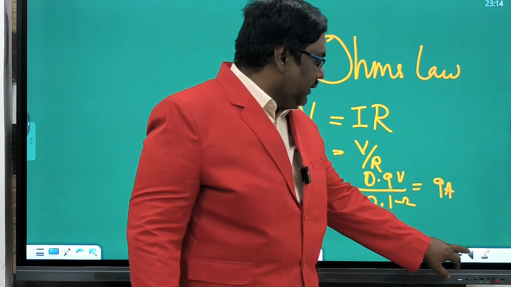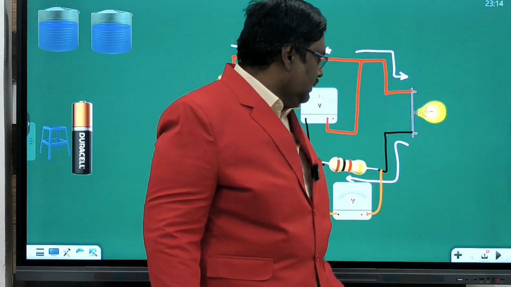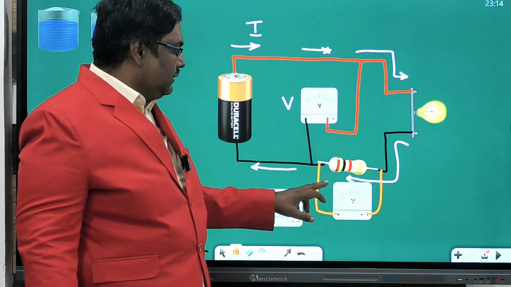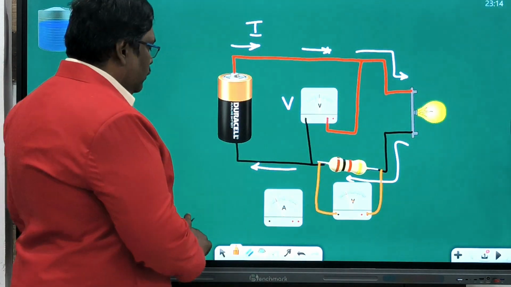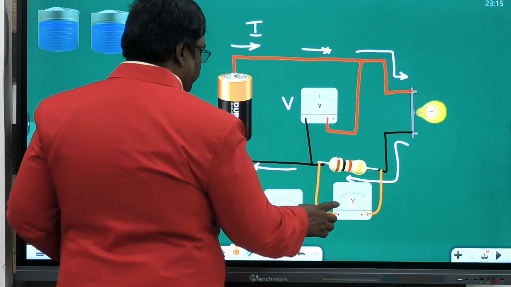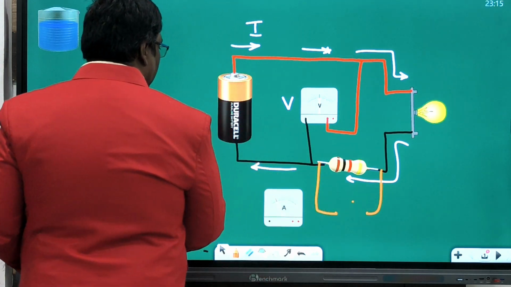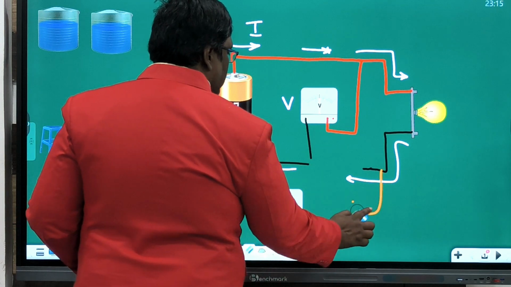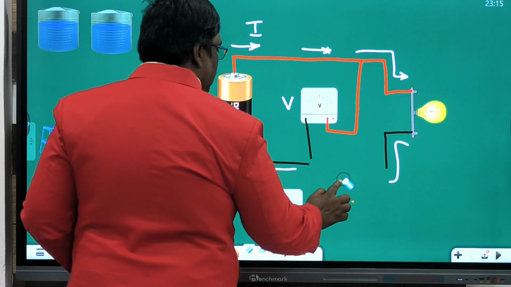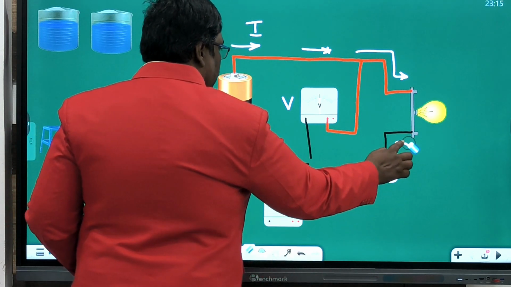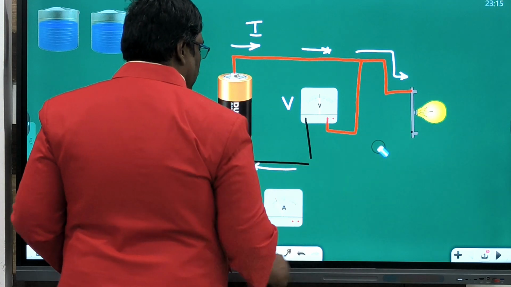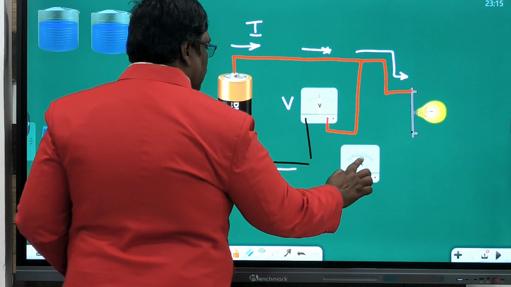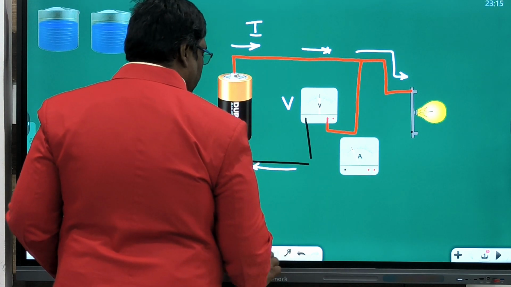What I am trying to say is, there is no ammeter here. This is a voltmeter with a resistance, these two together. So I will remove both of these and remove this connection, and I will put in the ammeter and its connection.